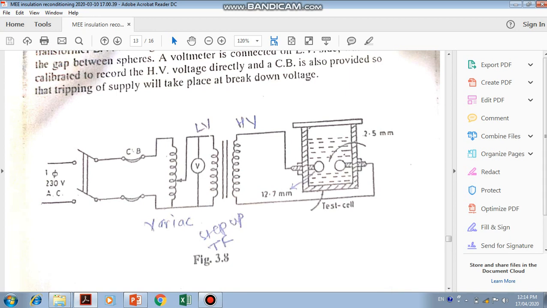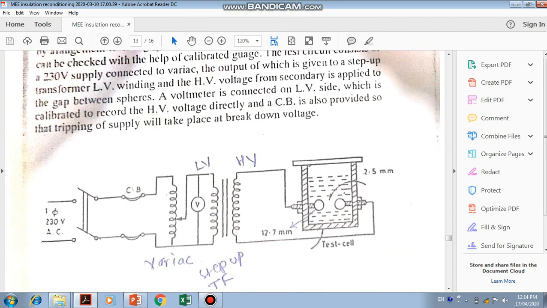As soon as the breakdown of the oil takes place, this circuit breaker will trip and isolate the circuit. Continue this process up to 4 to 5 readings and take the average of those values. That is the final oil BDV of this transformer oil.